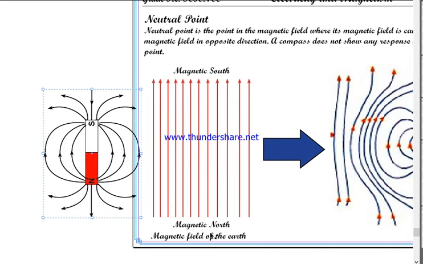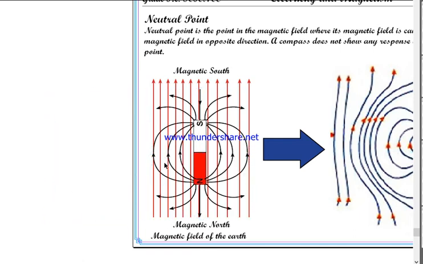You can see magnetic north of the earth is here and magnetic south is here, so the line of force is moving upward. If you place the magnet within this magnetic field of the earth, then these magnetic lines of force interact with each other.